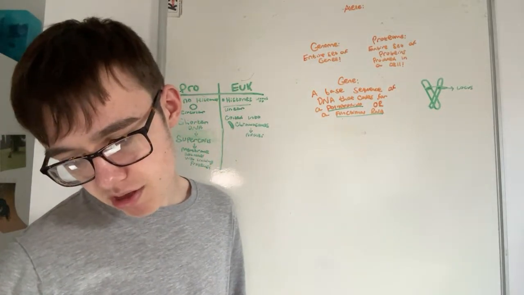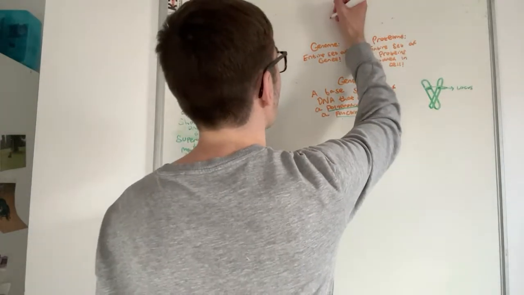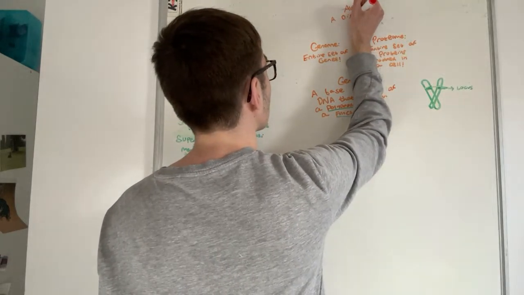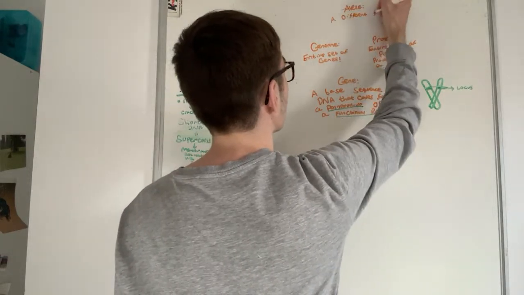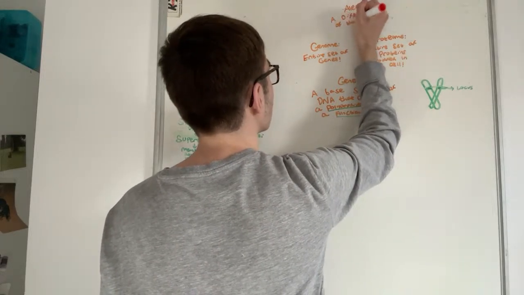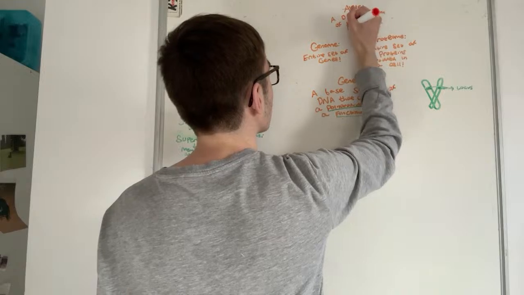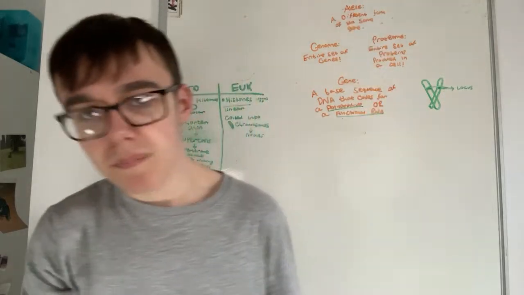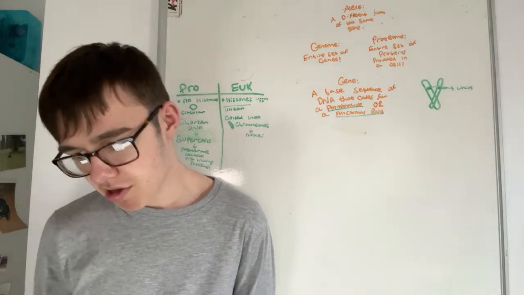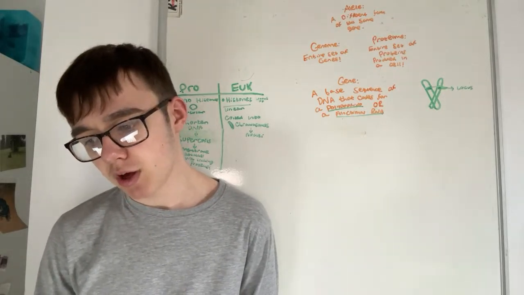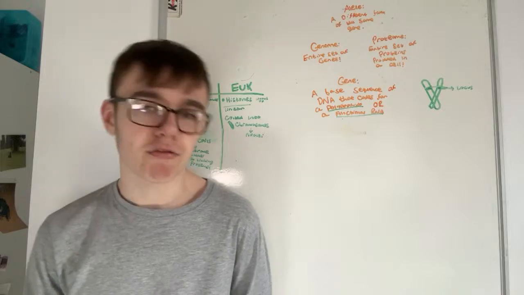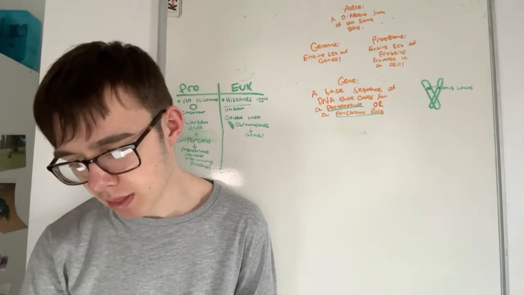So it's basically a different form of the same gene. In other words, yeah, that does actually make sense. The order of bases is different, which means they code for different versions of the same thing.